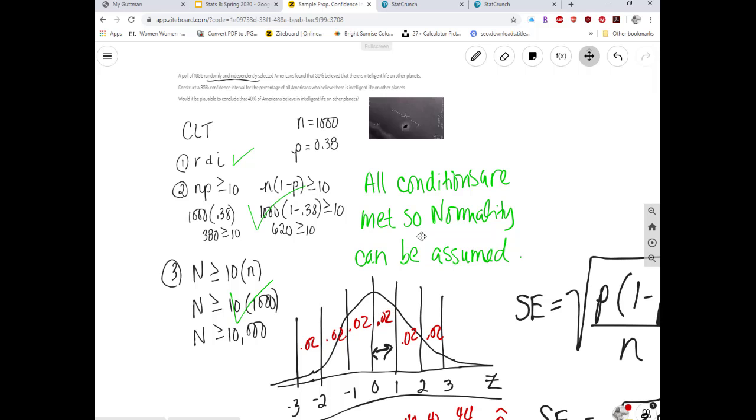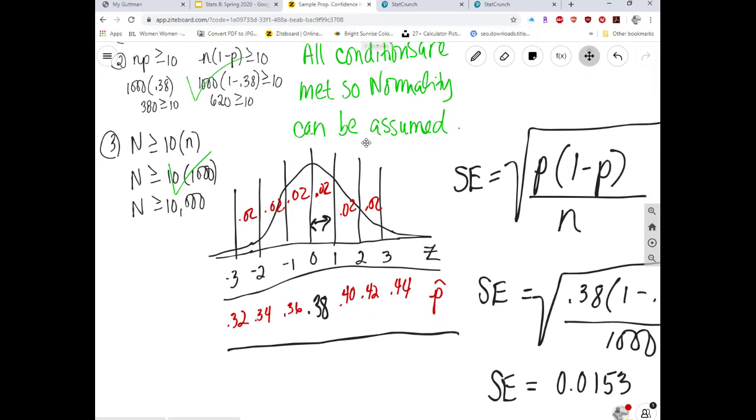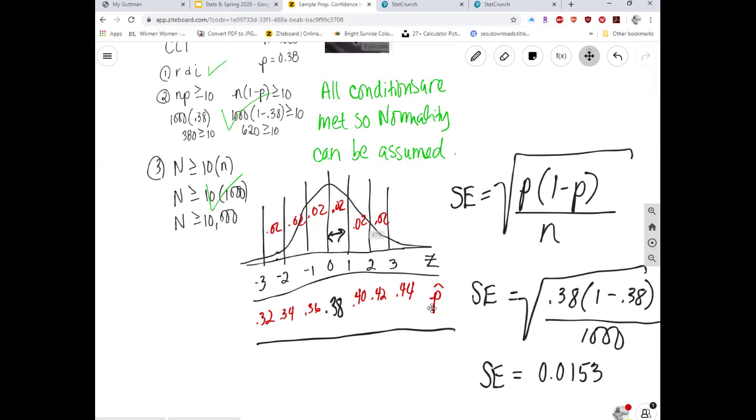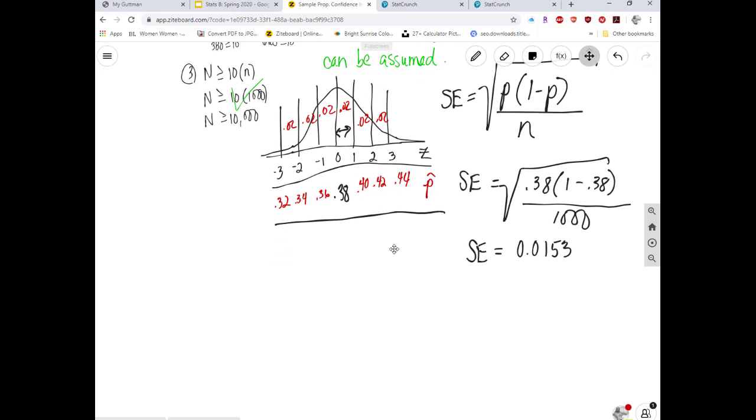Okay, so I need to find the 95% confidence interval for this. 0.38 is in the middle, and I know this distance right here is 68%, so approximately from here to here is 95% of all values. I need to find what this lower bound is and what this upper bound is.